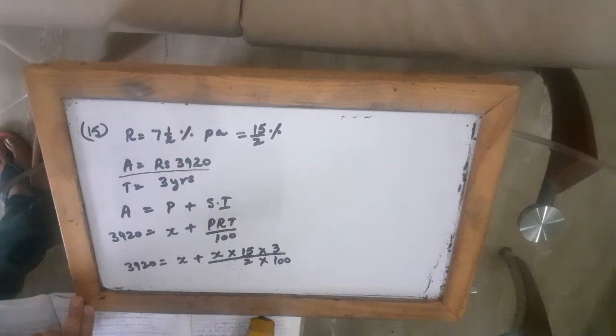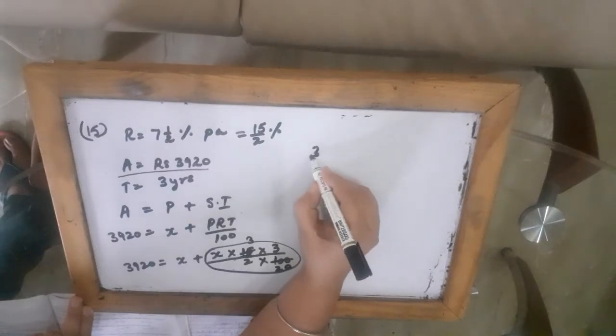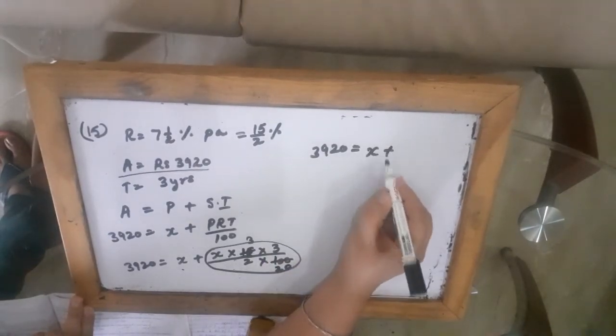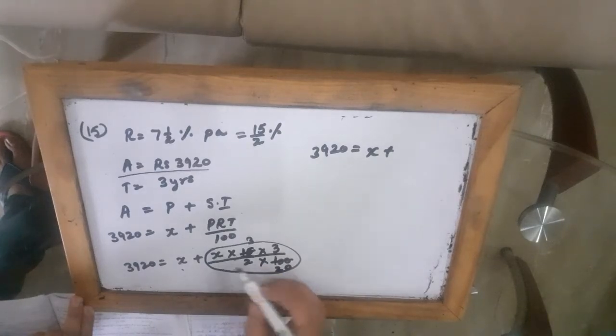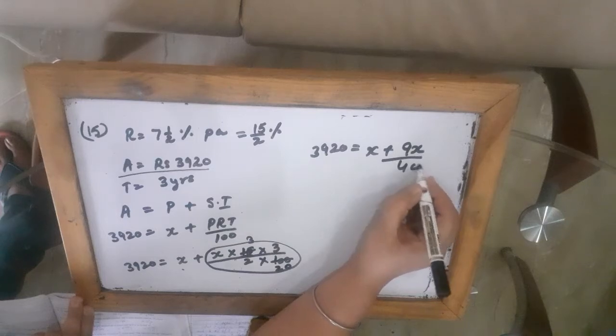Right, now all this I will solve. Let it be, 5 2s are 10, 0, and 5 3s are 15. So this comes to be x plus, 3 3s are 9, into x becomes 9x upon 2 2s are 40.